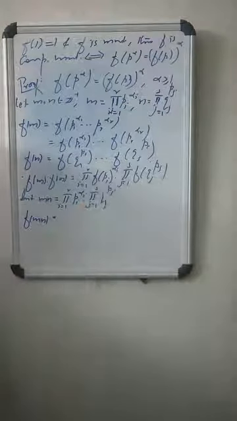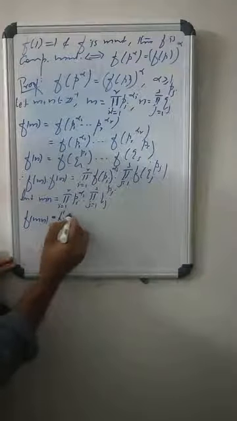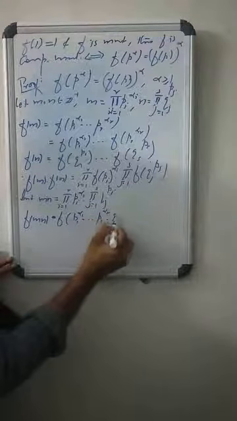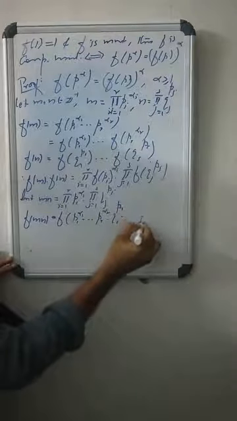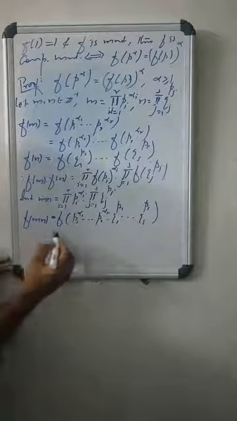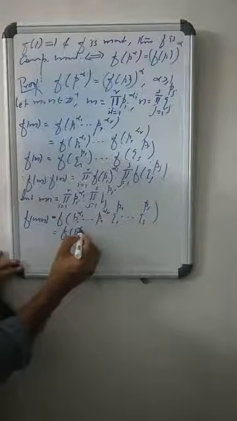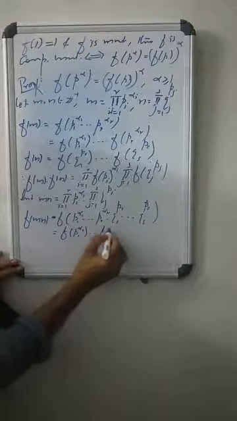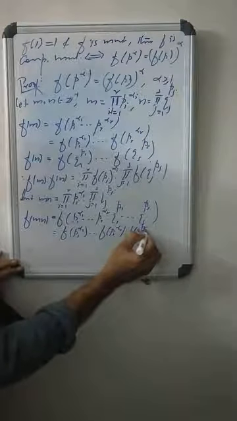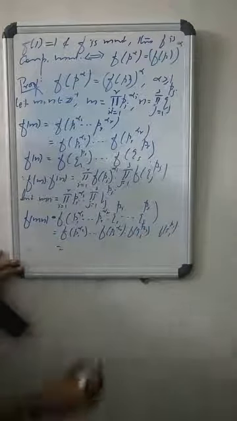f of this product, f of that product. Since f is multiplicative, f of p1 power alpha 1 etc. into pr power alpha r into q1 power beta 1 etc. into qs power beta s equals f of p1 power alpha 1 etc. into f of pr power alpha r into f of q1 power beta 1 etc. into f of qs power beta s.